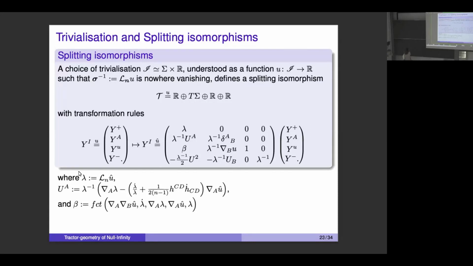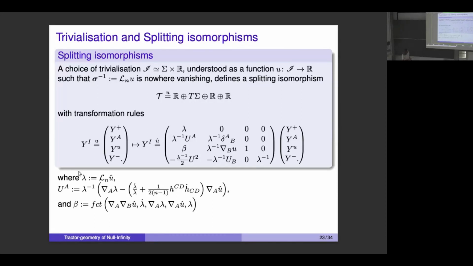This is why I write them as R, but this is really weight 1, and this is weight -1. As you see here, it transforms with lambda, and this one with lambda^-1. It looks a lot like your usual tractors, but the transformation rules are not as simple as you might expect.